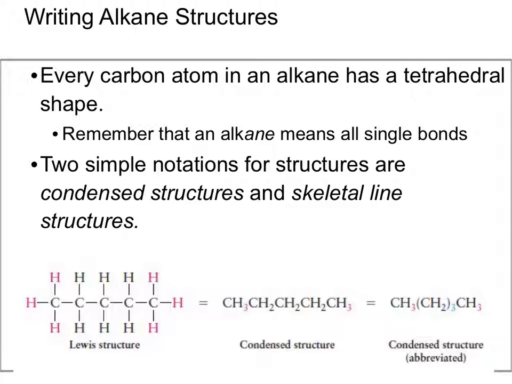We can also write an abbreviation for our condensed structure. Since we have 3 identical CH2 groups in the center of our molecule, we can abbreviate that with CH2 in parentheses and a subscript 3 indicating there are 3 of those. Again, with our CH3 groups bookending it on either side.